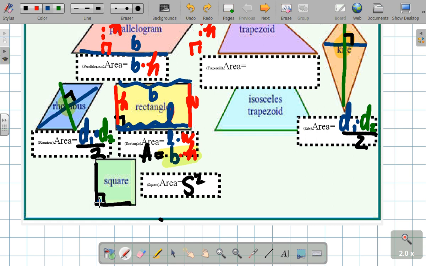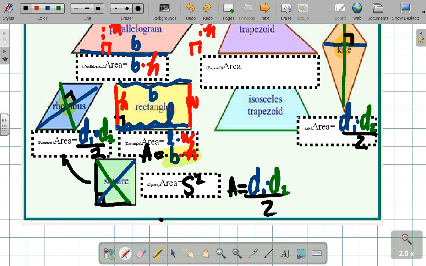Instead, they'll give you some portion of the diagonals. You need to recognize a square also qualifies as a rhombus. So I can use this equation on a square, because a square is a rectangle and a rhombus. So either of those you can use.